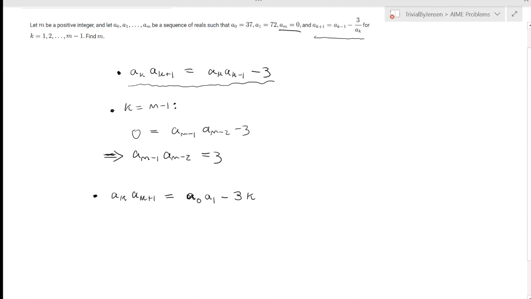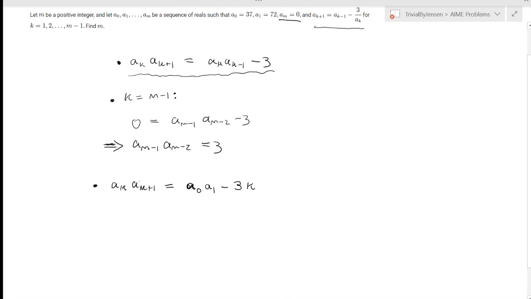That's just because when k goes up by 1, we're subtracting 3 from the previous value of the expression. So we can start from some initial value and subtract 3 each time to give us the new value. Now we just want to see where this product is equal to 3, and then we can use that to solve for m.